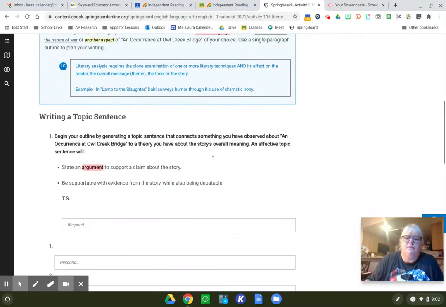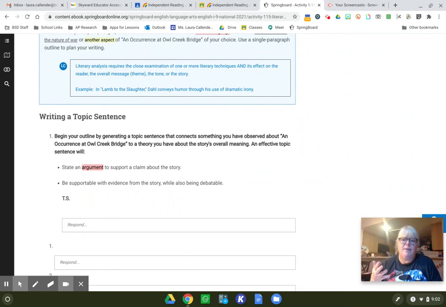All right, so we're going to begin by creating a topic sentence that connects something that we observed about "An Occurrence at Owl Creek Bridge." I'm going to use the shift in language as my observation to a theory that we have about the story's overall meaning. An effective topic sentence will state an argument that supports a claim.